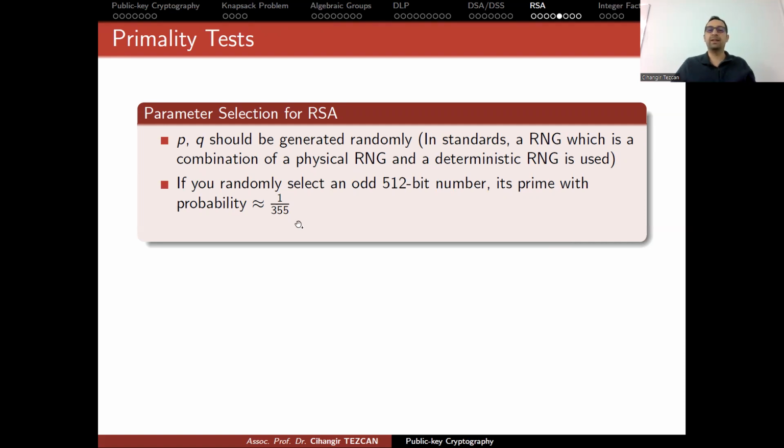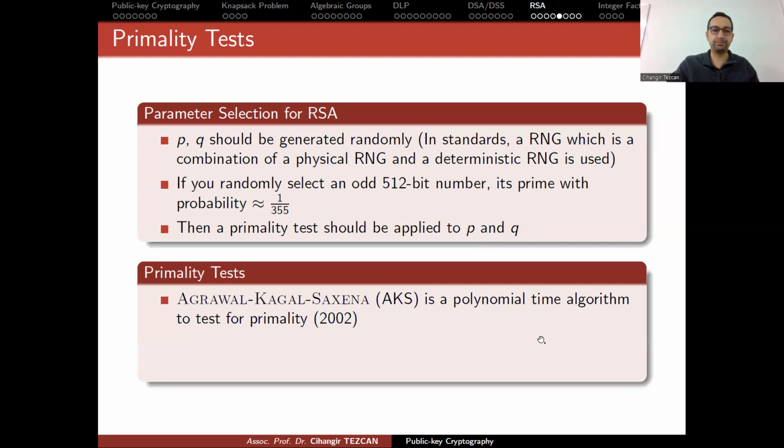So you should be very lucky to randomly select a huge number and expect it to be prime. Of course, you shouldn't do that. Then a primality test should be applied to P and Q. You randomly choose an odd integer, then perform a primality test to check if it is prime or not. If not, you randomly select another one, and another one, until you find 2 numbers, P and Q, which you are convinced are prime, then you use them.